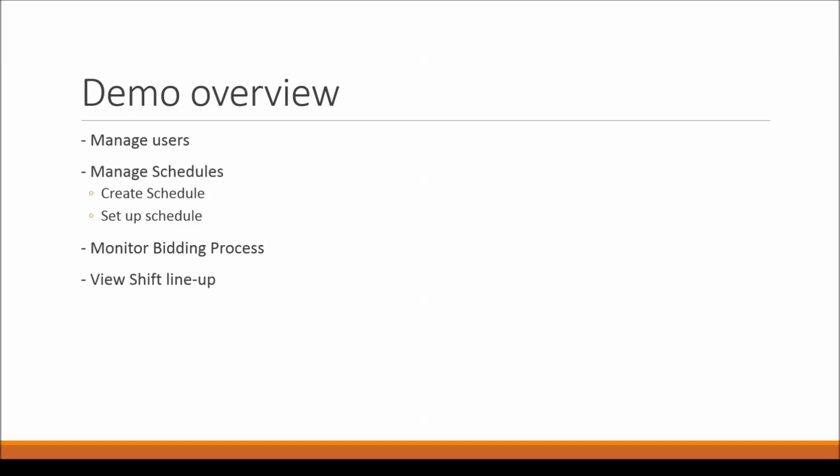And when the schedule was open for bidding, I went ahead and triggered the automatic email notification of the first person in line to be able to make a bid for the schedule. We went over being able to monitor the bidding process. So that was being able to see how many users have and have not made a bid.